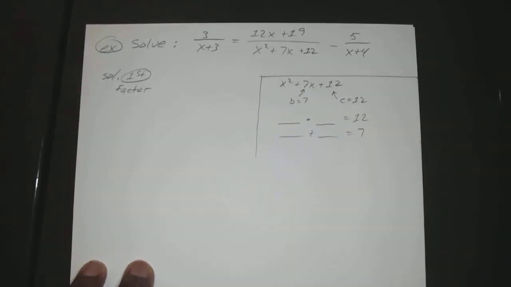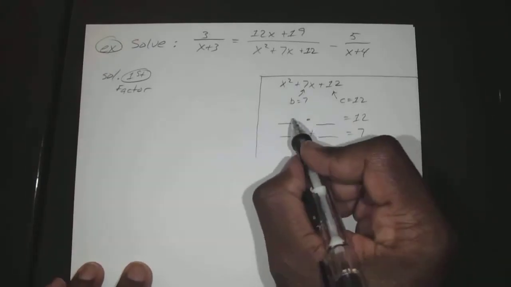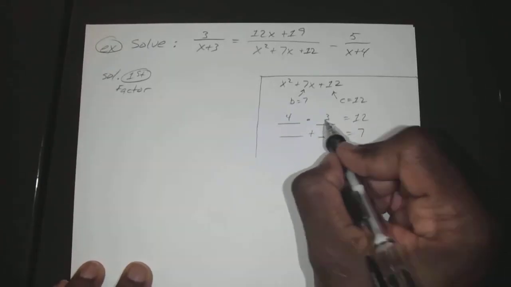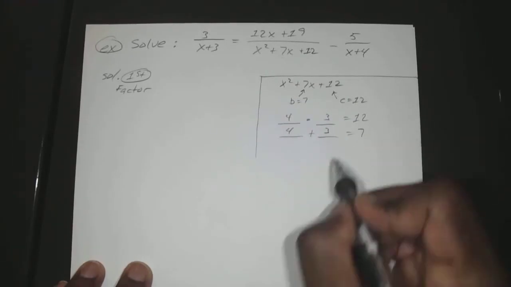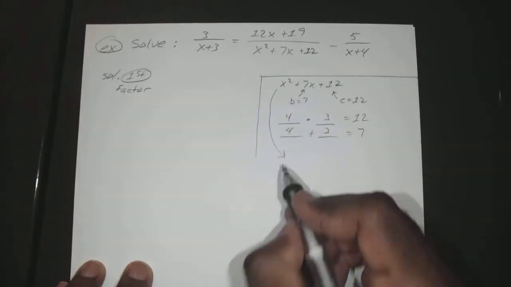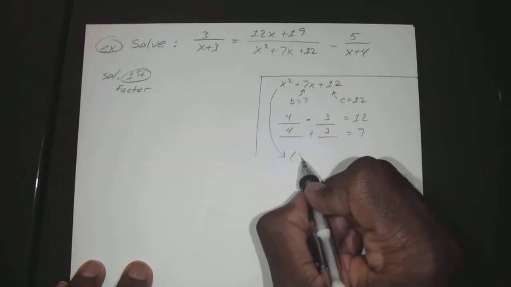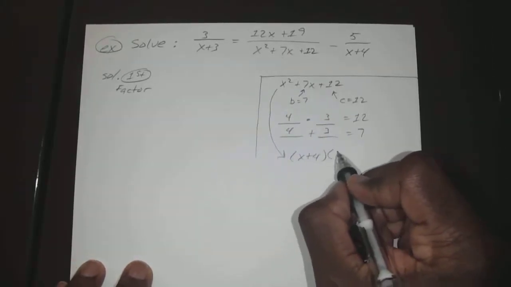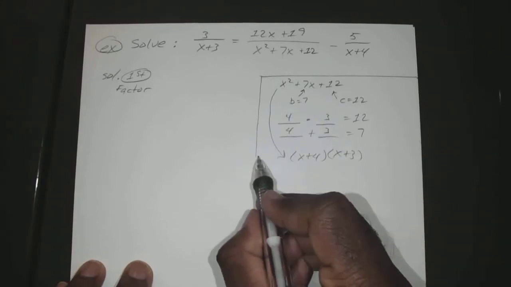For this one, 4 and 3 works. 4 times 3, and 4 plus 3. So that means this will factor into x plus 4 times x plus 3.